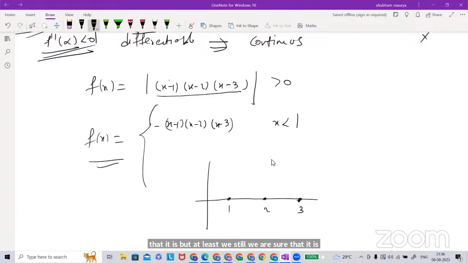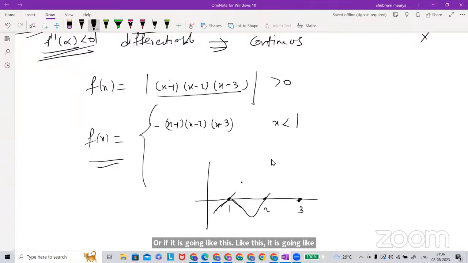Okay, and also one thing: if it is going like this, and at 2 it is 0, then it surely comes back to here. Or if it is going like this, then surely it will come back to 2, because 2 is a root.